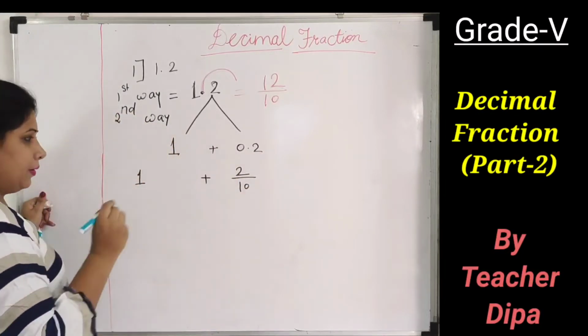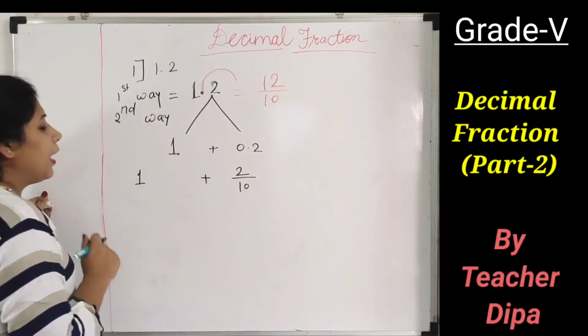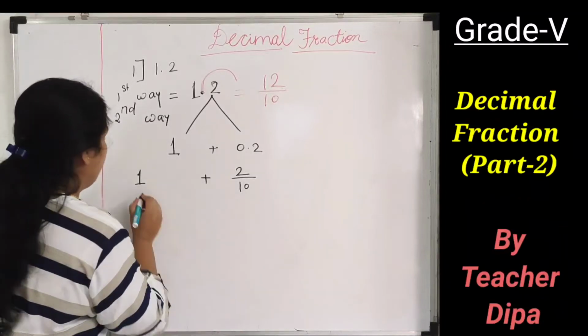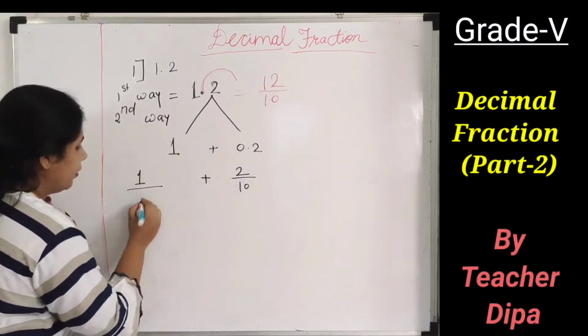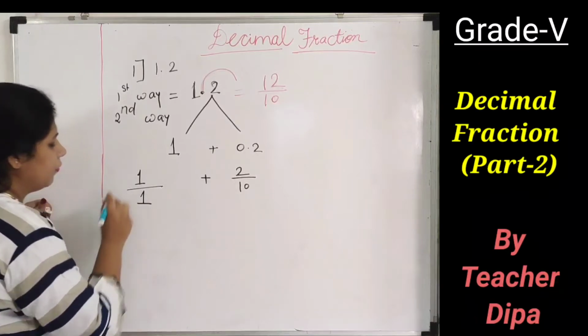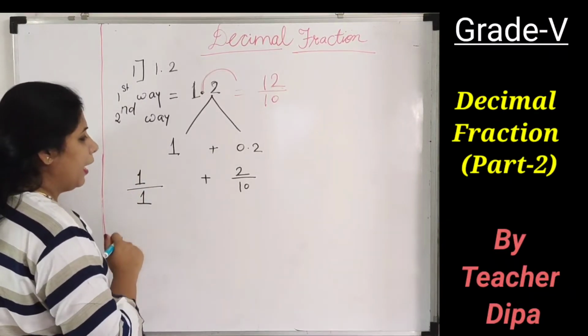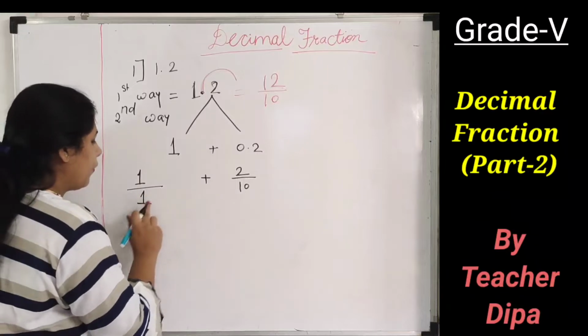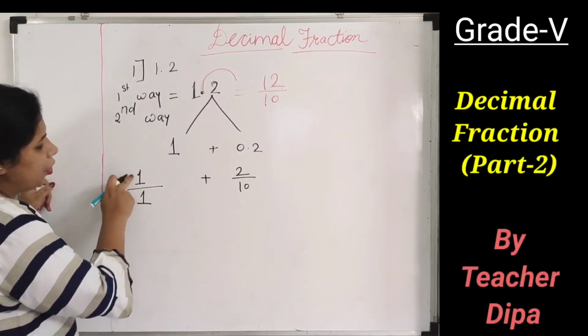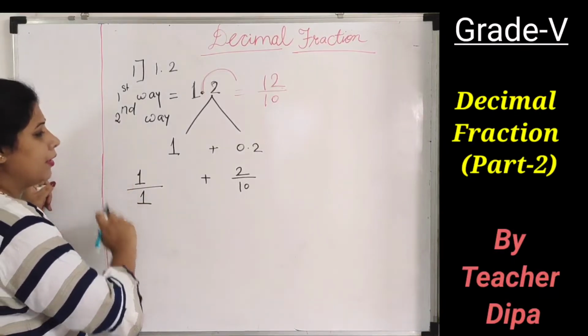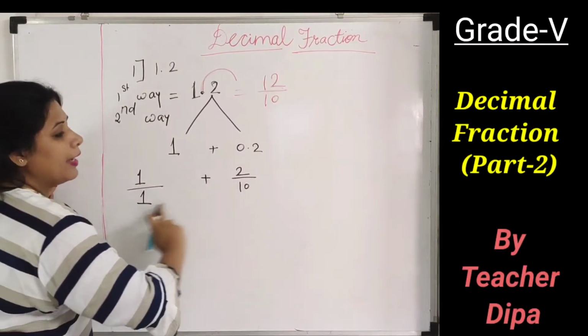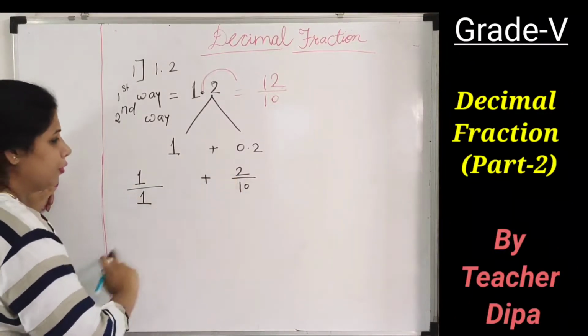Am I correct? Yes. Now if it is 1, automatically the denominator of 1 is 1. It will become 1 upon 1. So for adding this, I have to make the denominators the same, or I can take the LCM of both the numbers.